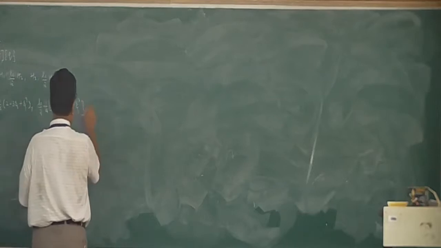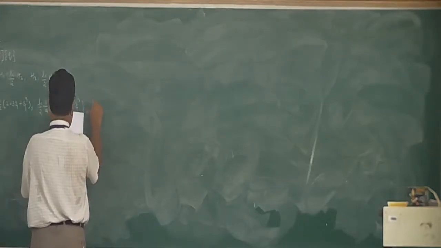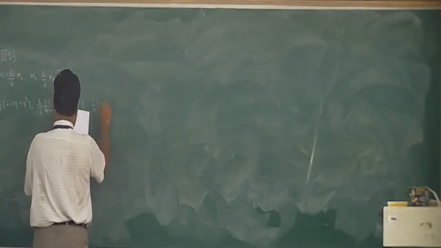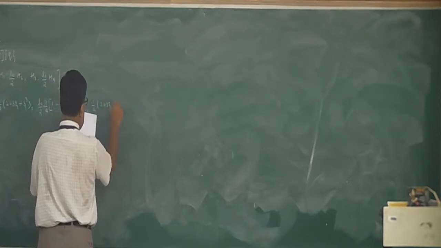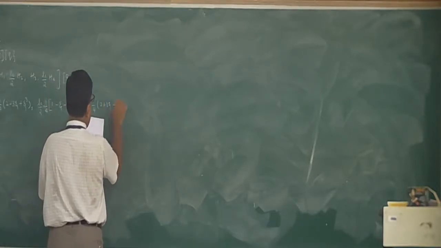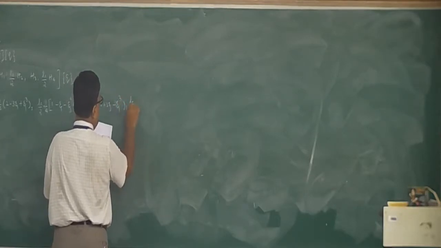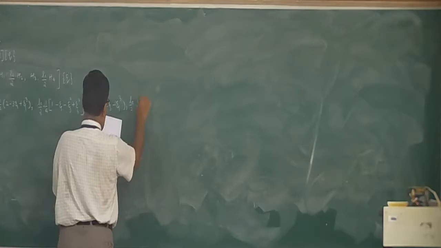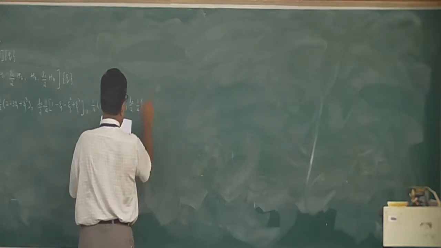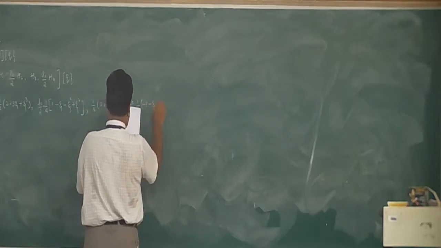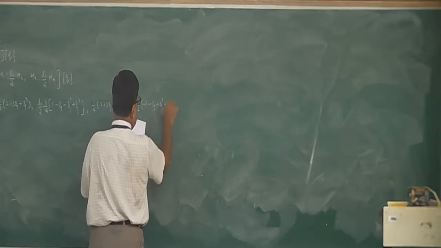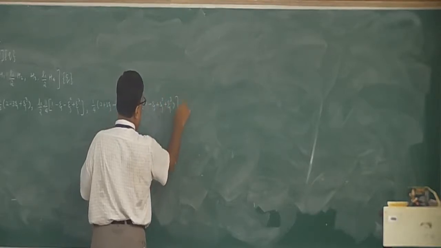H3 was 1 by 4 into 2 plus 3 zeta minus zeta cube. And then Le by 2 into 1 by 4 into minus 1 minus zeta plus zeta square plus zeta cube.